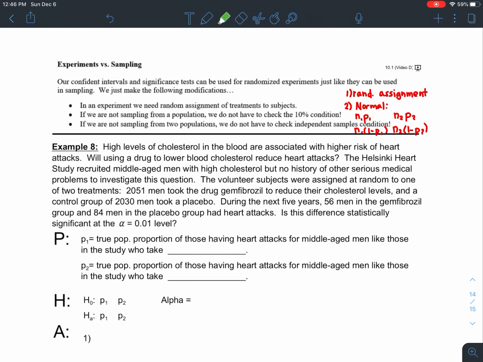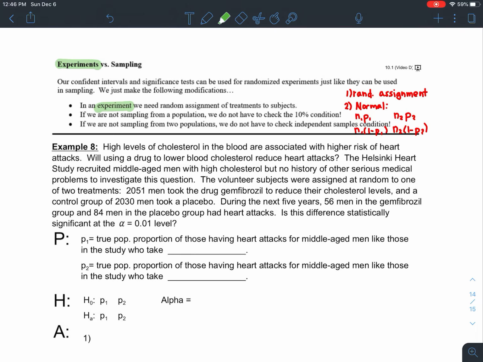I want to talk today about what happens if you're not collecting samples, but rather you're performing an experiment where you're assigning two different groups to treatments.